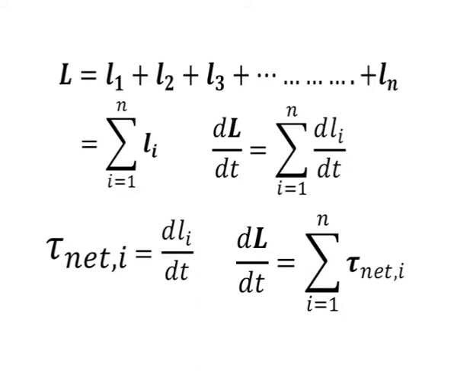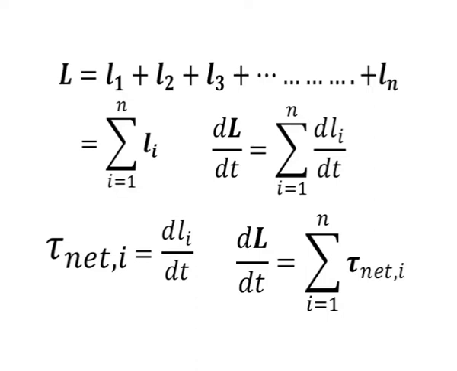Those torques include internal torques due to forces between the particles and external torques due to forces on the particles from bodies external to the system. However, the forces between the particles always come in third law force pairs, so their torques sum to 0.